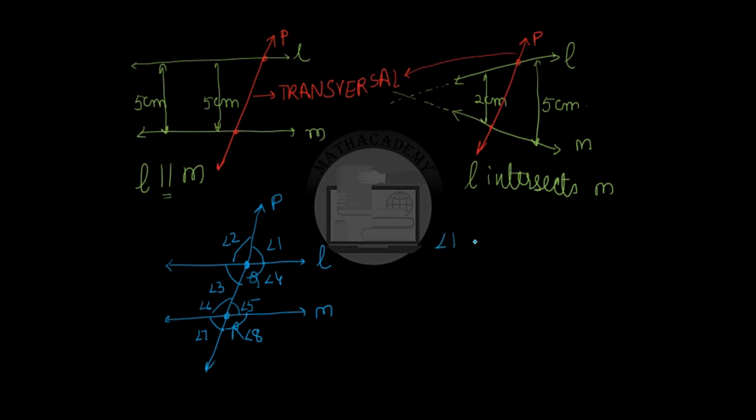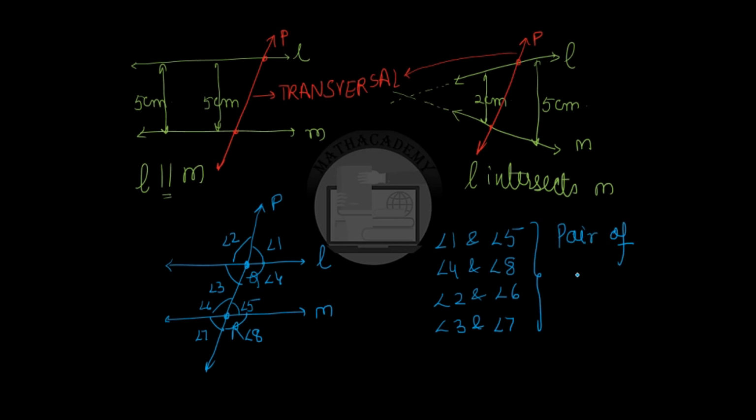Angle 1 and angle 5, angle 4 and angle 8, angle 2 and angle 6 and angle 3 and angle 7. These are called the pair of corresponding angles.